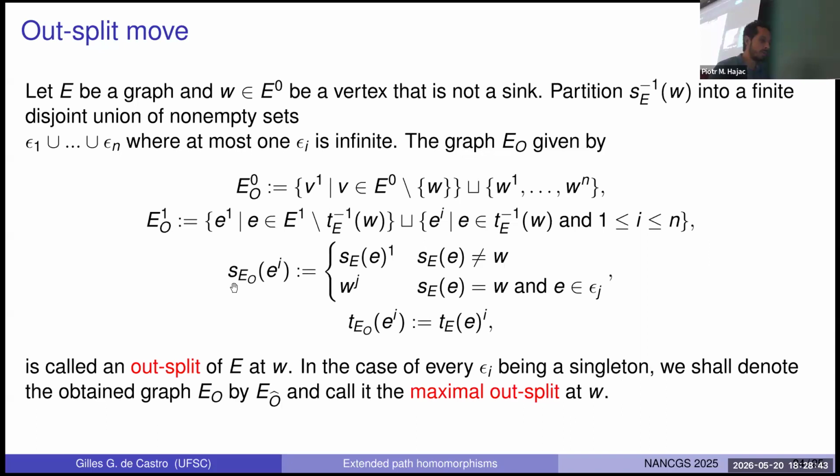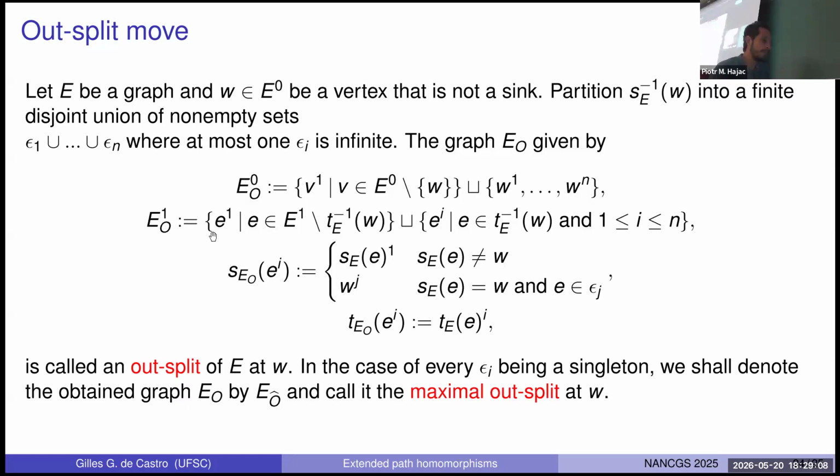For the original edges, the source and target are the same, but for the new edges, we need to know what happens. So for the source, we just take the source of e, and then we correspond to the first one if the source is not w. So basically, this one here is just taking a copy of the original vertices and original edges.